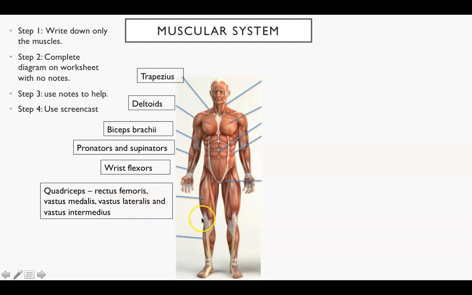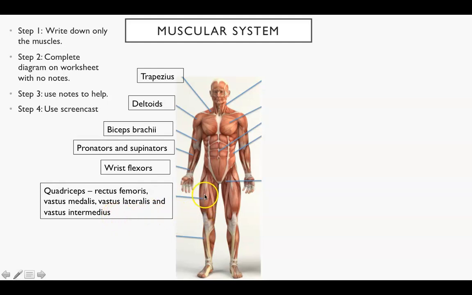So vastus lateralis must be on the outside. So on the outside, you've got a muscle here, vastus lateralis. And then finally, vastus intermedius is actually underneath this rectus femoris, so it's underneath there. So if you think of our anatomical language we've just learnt, the vastus intermedius is deep and the rectus femoris is superficial, i.e. vastus intermedius being deep is further away from the surface of the skin.